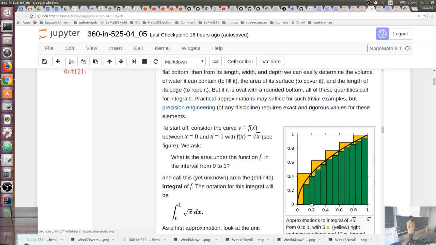Then the idea is to let the number of rectangles approach infinity in a countable way, and look at the sum of these rectangles as a limit. I don't want to get into limits now, but that's the intuition.